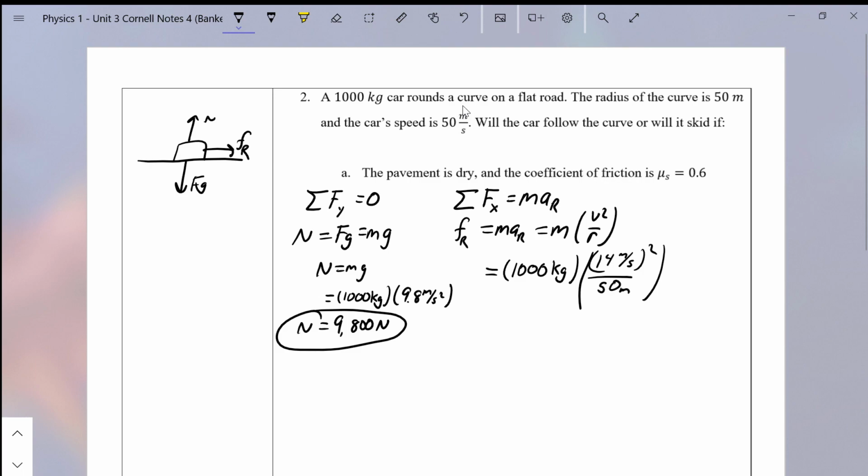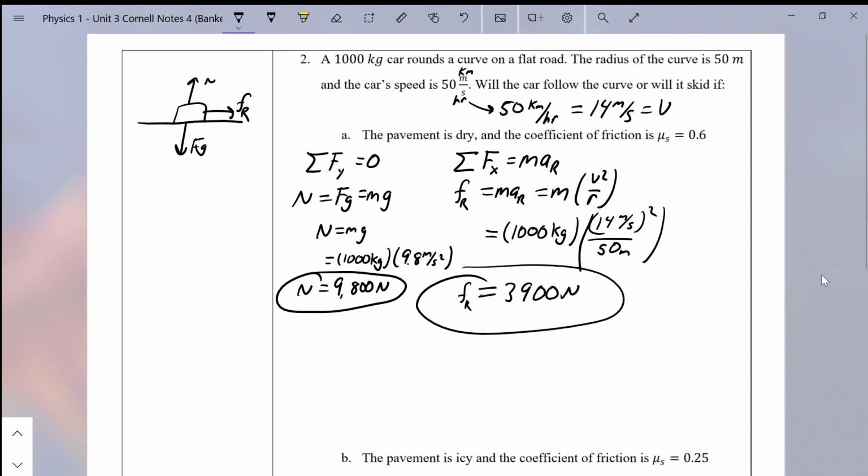Actually, the velocity should not be meters per second; it should be kilometers per hour. 50 kilometers per hour is equal to about 14 meters per second. That's why this is 14. Okay, so I can calculate that, and that tells me that my total friction force, F sub r, is equal to about 3,900 newtons.